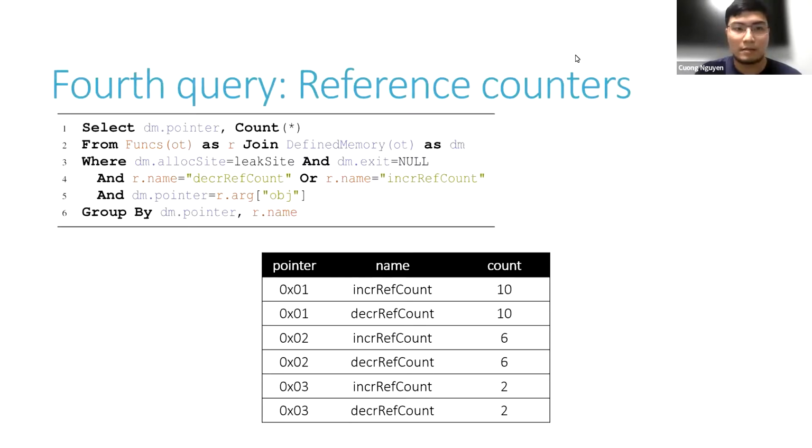And again, to answer this question, the developer wrote a SQL query to count the number of calls to incrRefCount and decrRefCount, which are the functions to increase and decrease the reference counts of a memory allocation, and checked to see if the number of calls to increase the ref count is equal to the number of calls to decrease the ref count.